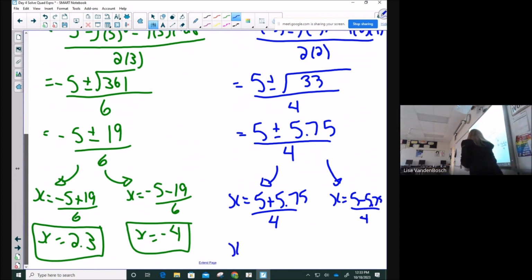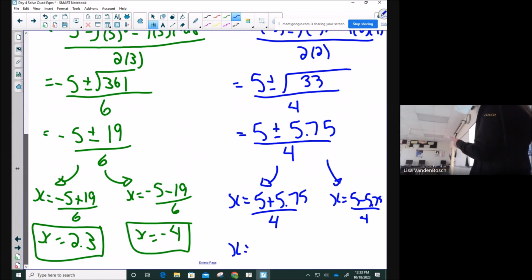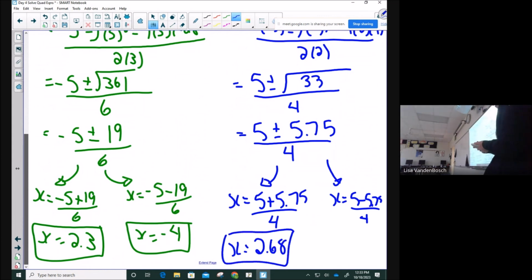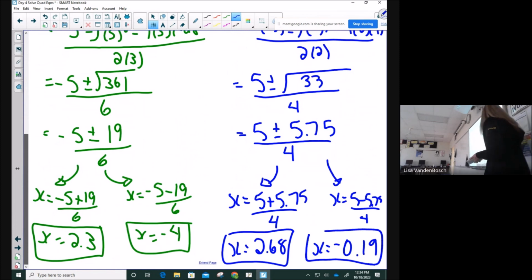What do we get for this one? 3.5? I did not get that. What did you get? I got 6.7. Okay, 2.68. We could technically round that to 2.69 if we're being technical. And what did you get for the other one? Yep, so I'm gonna round that to 0.19 because it's 0.1875.